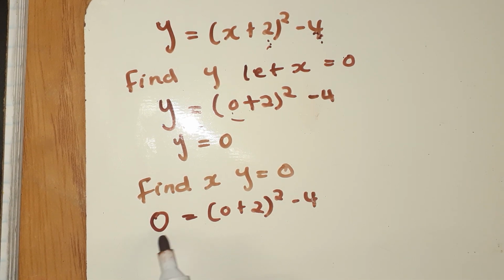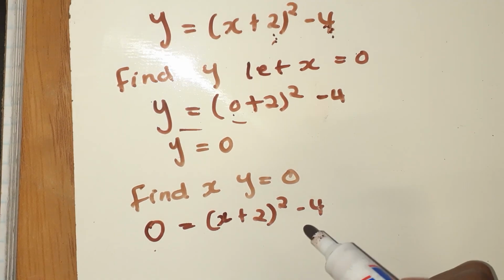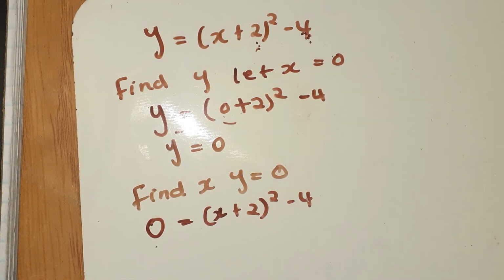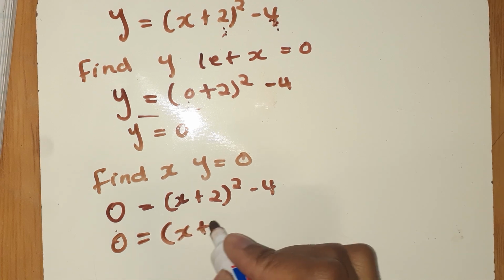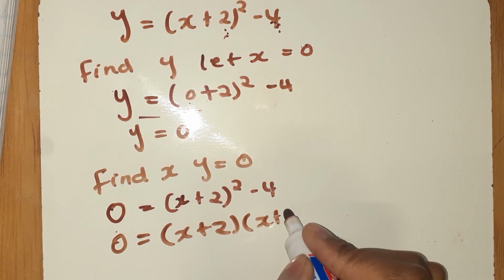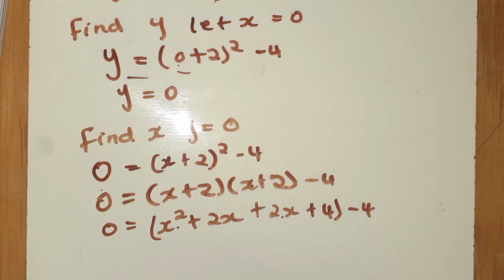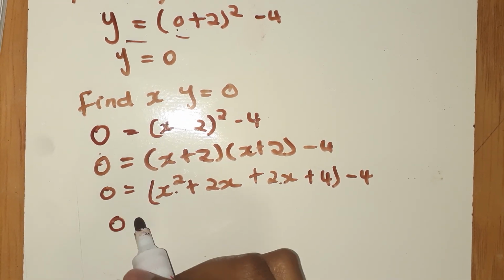We have x plus 2 squared minus 4. This is where you have to expand this, x plus 2 squared, minus 4. So here we are. I have expanded that. We're in grade 12, right? We have to know this.